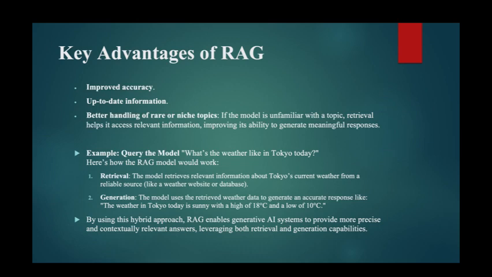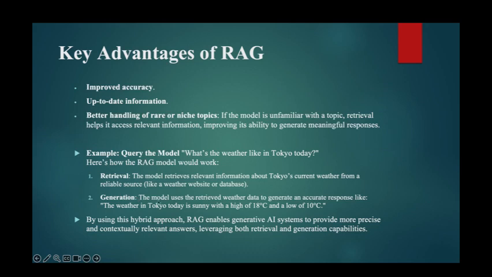For example, a query to the model: what is the weather like in Tokyo today? Here is how the RAG model would work. As part of retrieval, the model retrieves relevant information about Tokyo's current weather from reliable sources like a weather website or database.